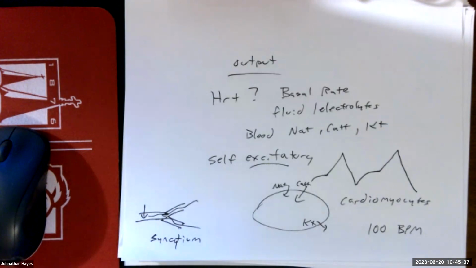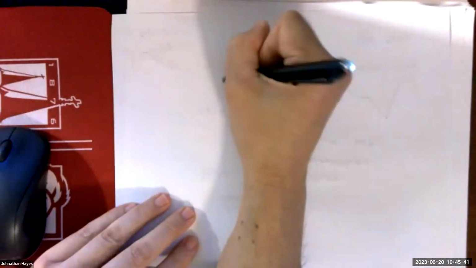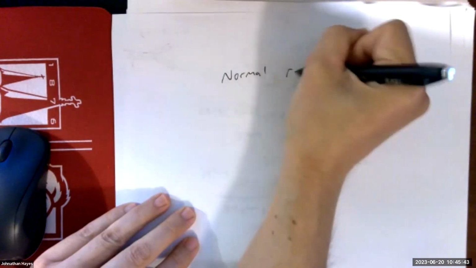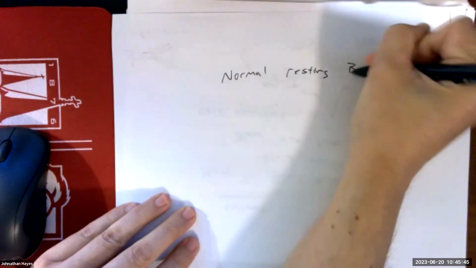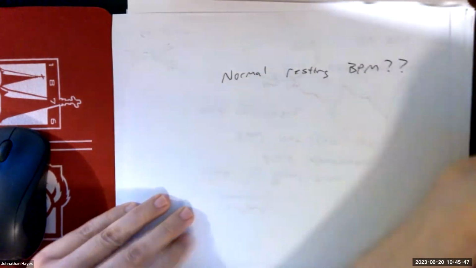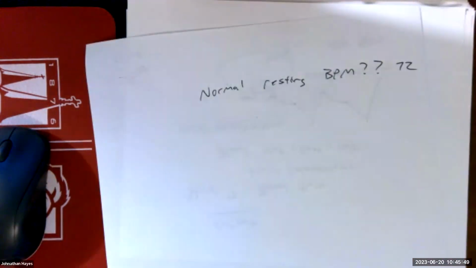Because if we were to test somebody at rest right now, what is normal resting beats per minute? It's usually about 72, right? That's just an average number. Anywhere from 60 to 100 is normal, but about 72 beats per minute is normal. So how are we going from 100, which is the basal rate of depolarization or the basal rate of metabolism for the heart, to 72?